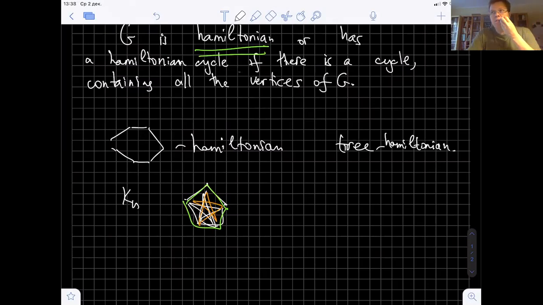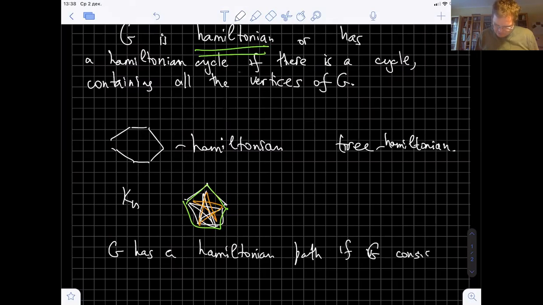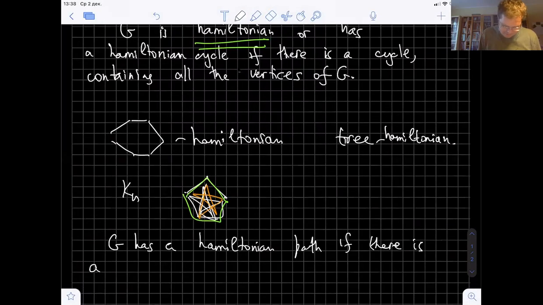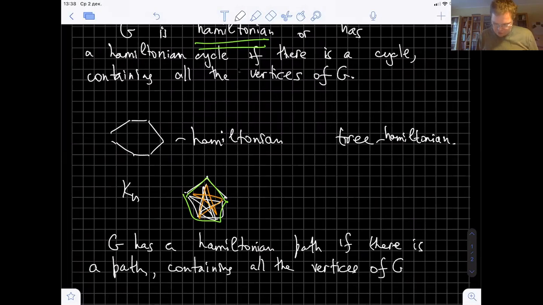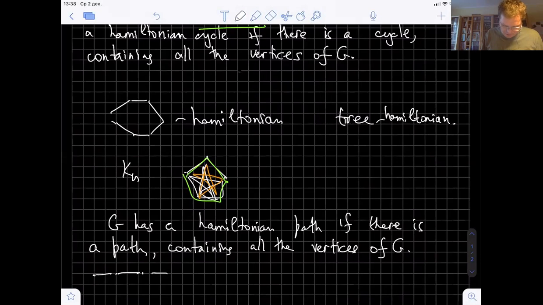With a similar definition, we say that G has a Hamiltonian trail or Hamiltonian path if there is a path containing all the vertices of G. The easiest example is just a path.